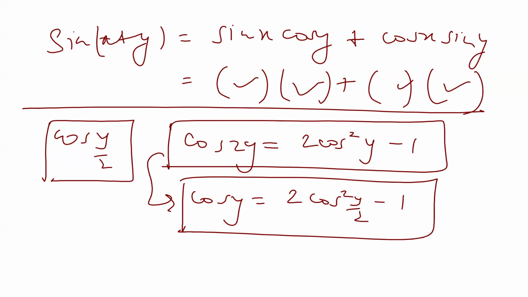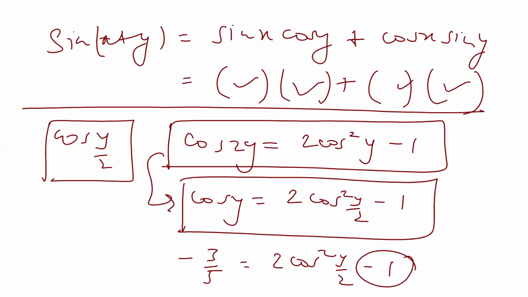Now cos y value we have, cos y is minus 3 by 5, which is 2 cos square y by 2 minus 1. Okay. So take this minus 1 on the left hand side, which will be plus 1.